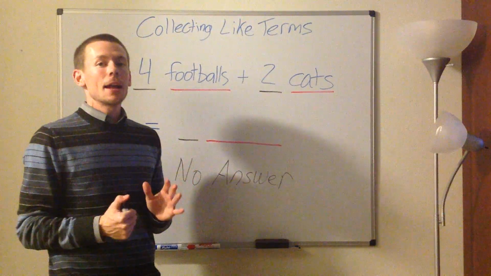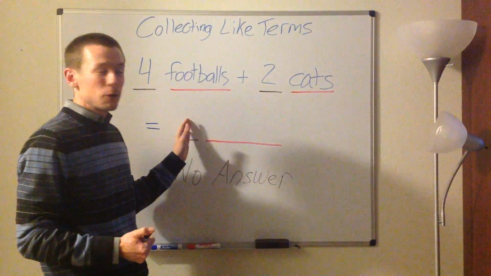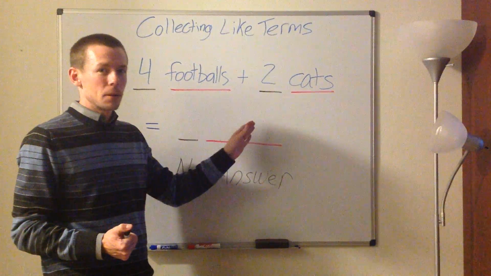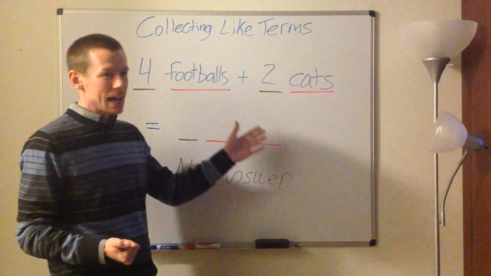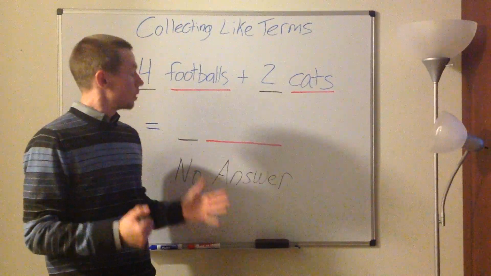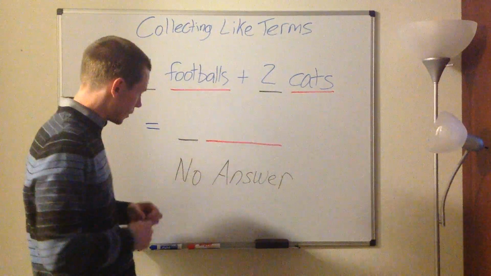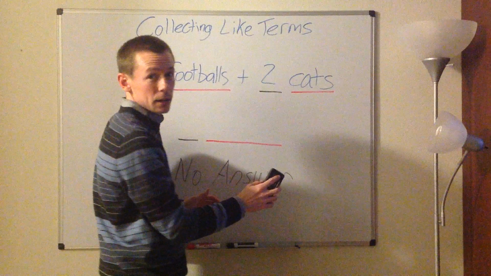We cannot add unlike terms, and this is an illustration of that. If we put 6, we can't put footballs, because we still only have 4 of them. If we put 6 cats, we can't do that because we still only have 2 of those. So the answer here actually is there is no answer. So, let's take a look at another example.